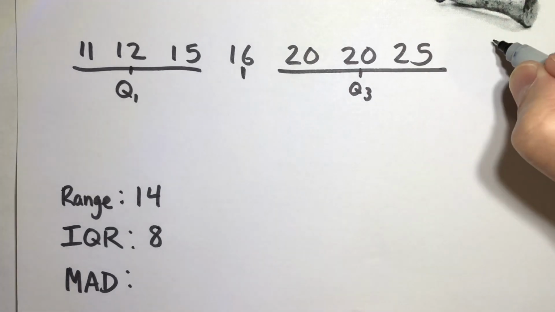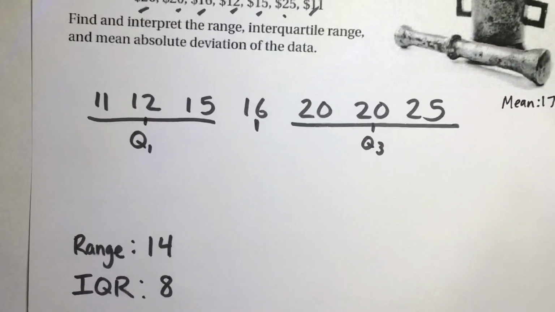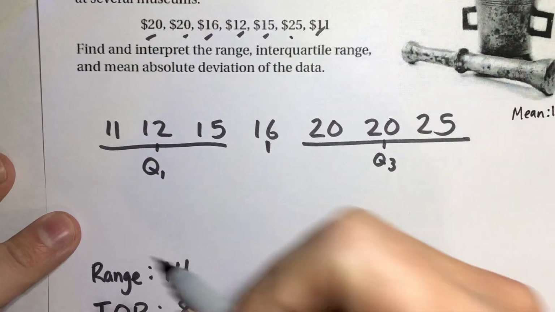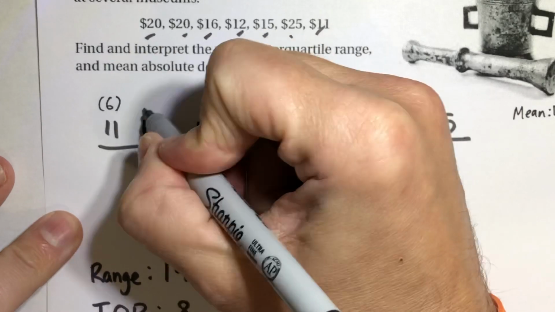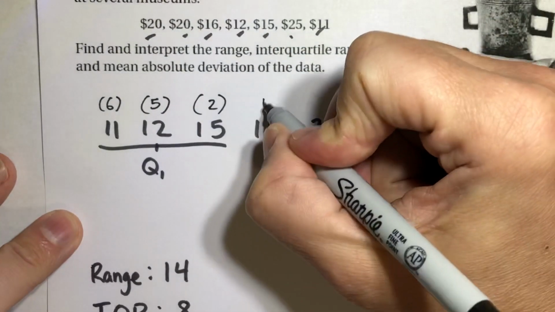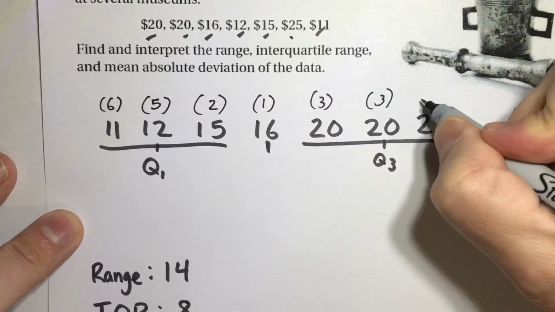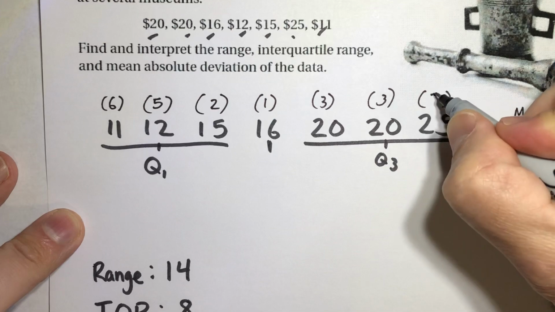So if our mean is 17, we're going to see how far these numbers are from the mean. So this is 6 away, this is 5 away, this is 2 away, this is 1 away, this is 3, another 3, and then that one's 8 away.